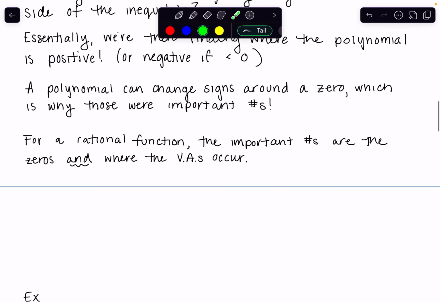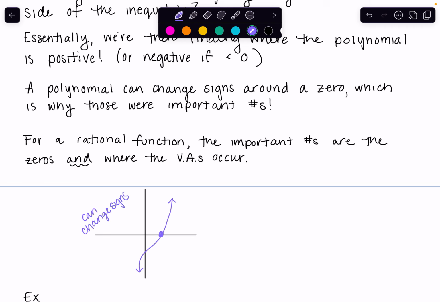So ultimately, to give you two pictures, when you're working with polynomials, this is the only case that your function can change signs around a 0, because that's where it can go from negative up to positive. And same idea with a rational function, it can change signs around a 0.